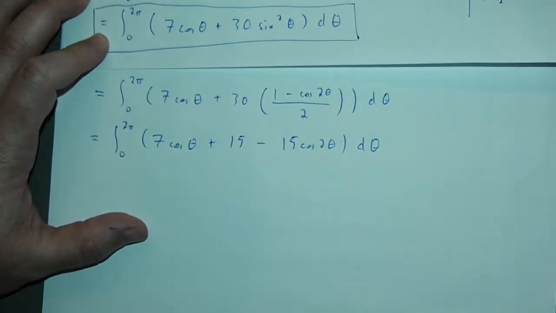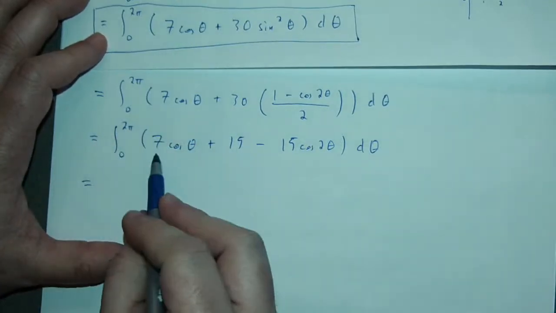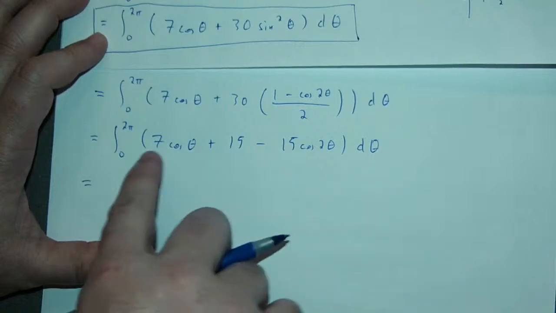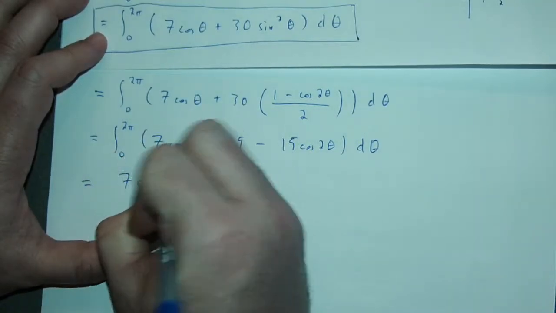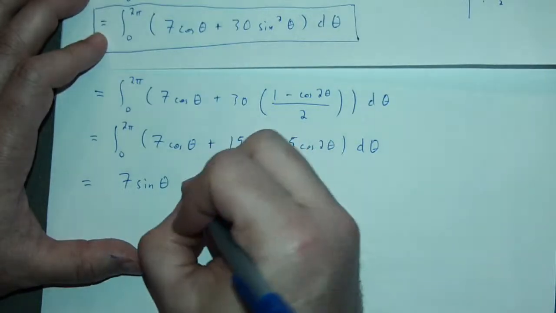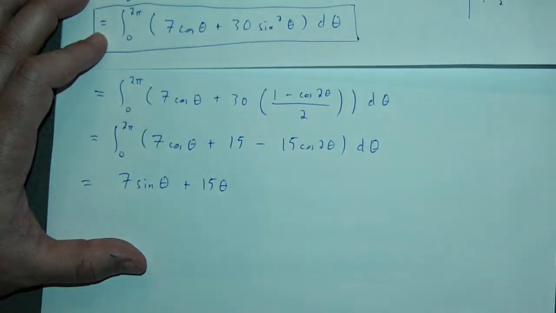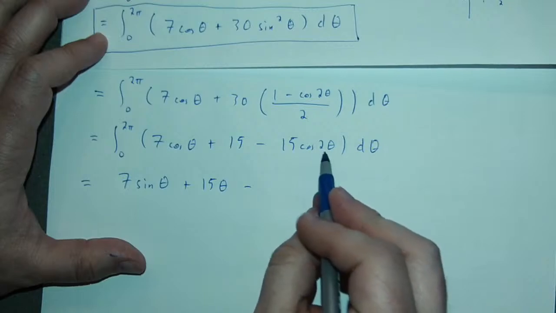All right, so how does this work? So integrating this, what's the integral of cosine of theta? Well, that's just sine theta, so pulling the 7 out, this is 7 sine theta. This term, 15 d theta, the integral of that is 15 theta, of course. And then lastly, I have cosine of 2 theta here, right?